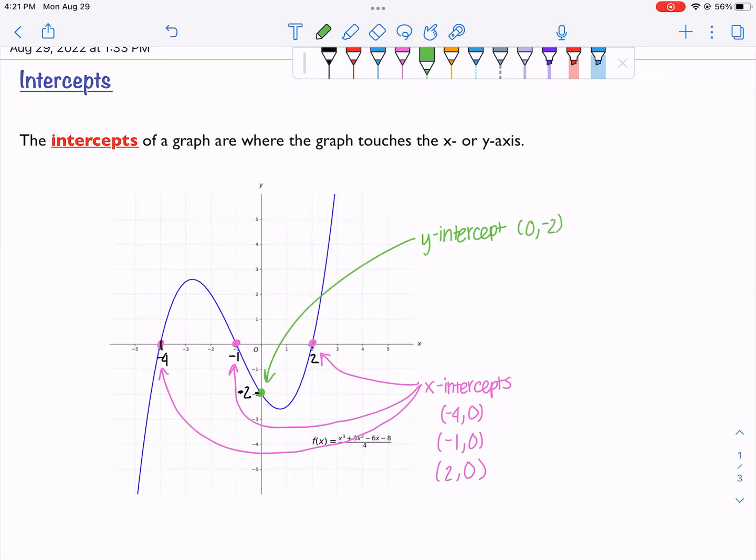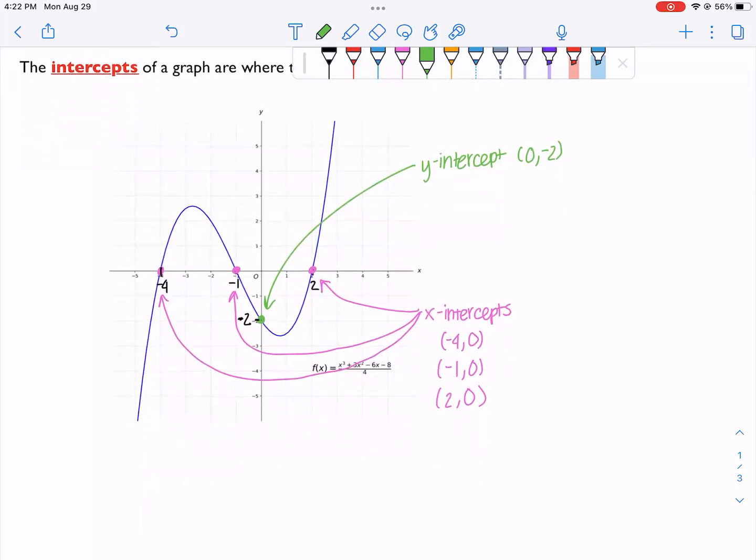So what you'll notice is that y-intercepts are always going to have an x-coordinate that's 0, and x-intercepts are always going to have a y-coordinate that's 0. I'll write that down.